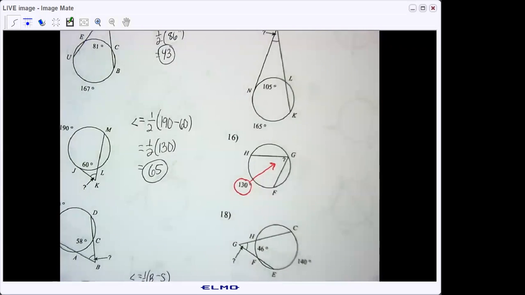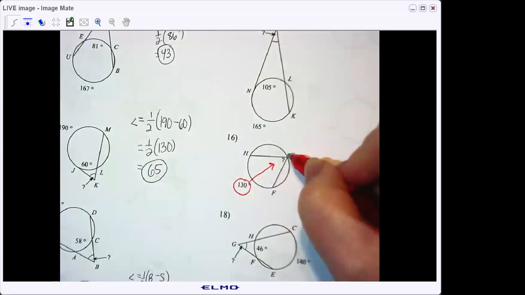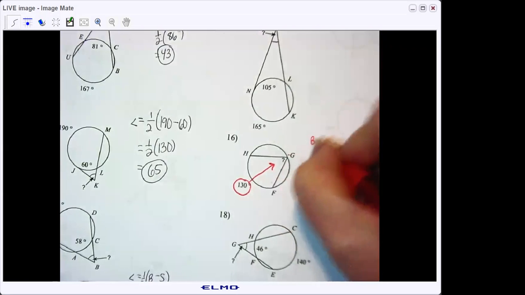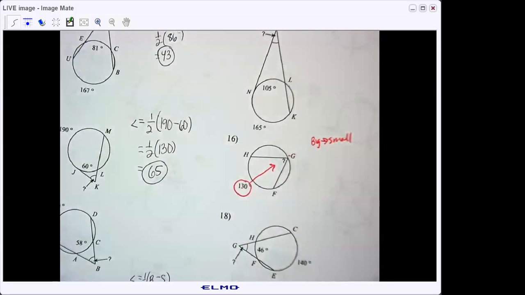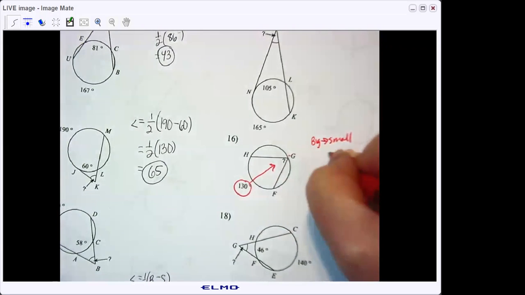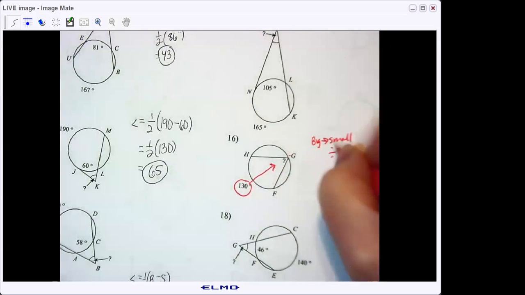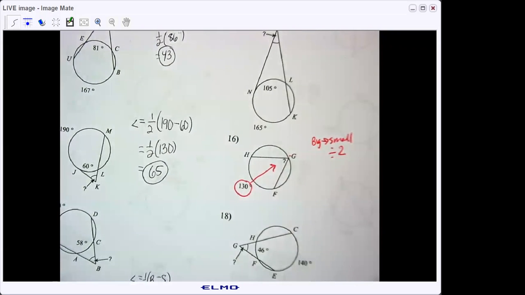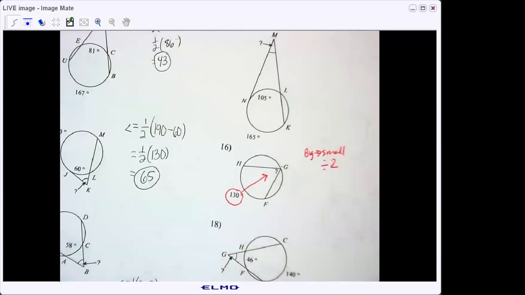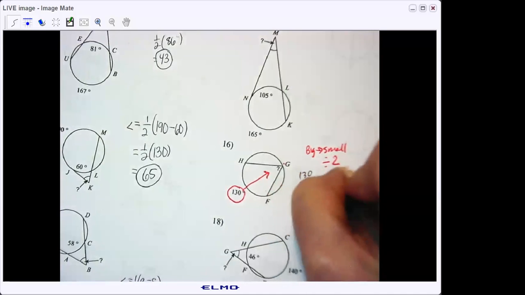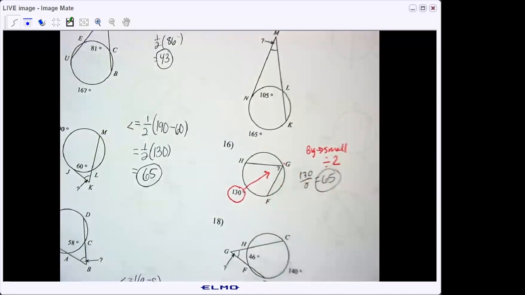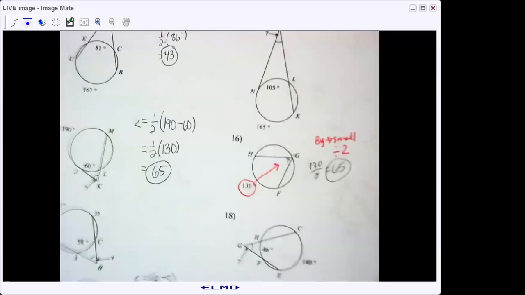When you're going from your arc to your angle, we're going from big to small. Yes, we're going to divide by 2. So 130 divided by 2 is 65. You're done. Those are the easy ones.